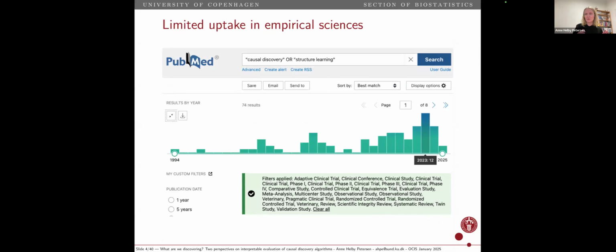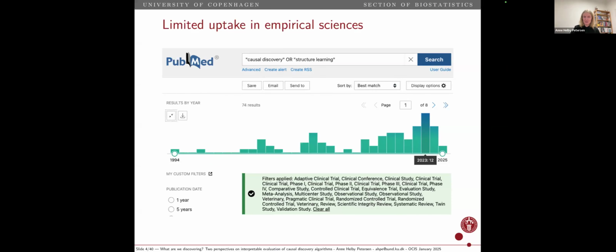I've tried to limit the search to not include only strictly methods papers, but something that has at least some component of empirical data. And as you can see here, there are not a lot of publications. The peak is in 2023, where there were 12 publications using some of these methods. And even not all of those are real empirical studies if you look into them.